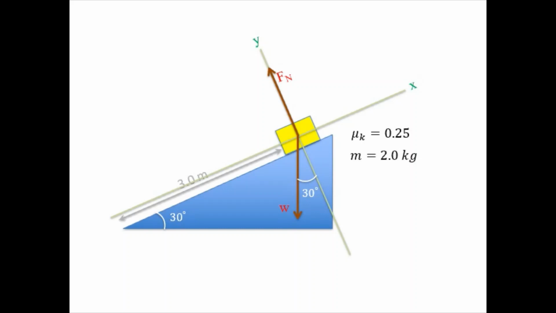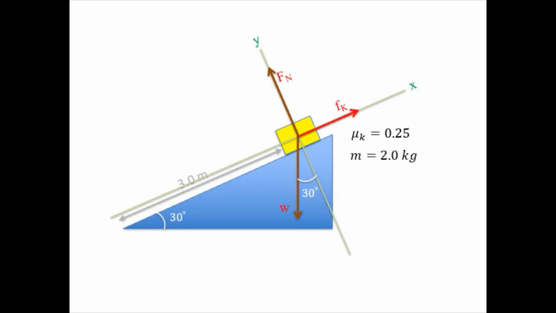Now we draw what other forces are acting on the block. There's F sub n. The normal force is acting upward, okay, from the surface. Again, we put our pencil on the surface between the two objects where they're touching, and we draw a line perpendicular to the surface up through the object, right? So that's perpendicular there up through the object of interest, which in this case is our block, and that's our normal force, and we label that.